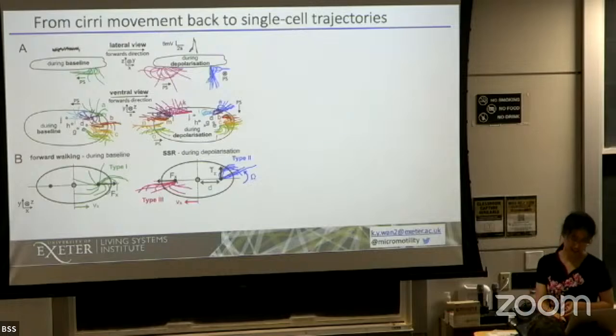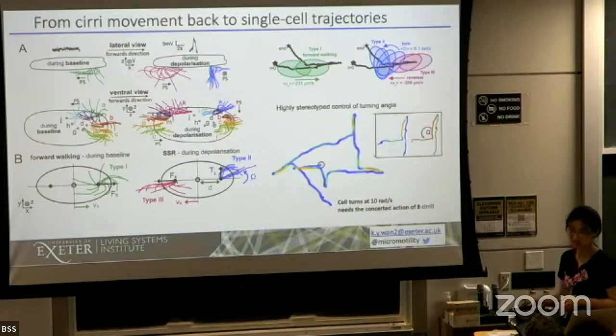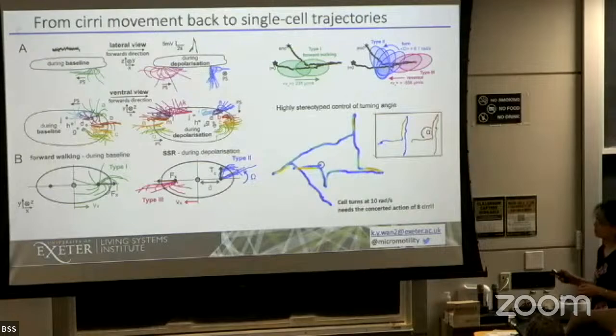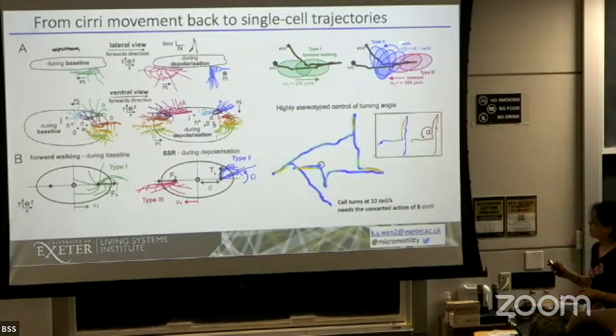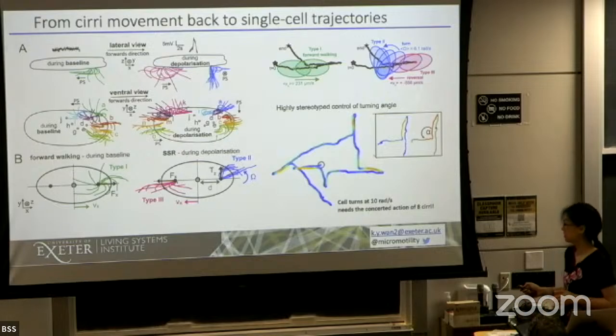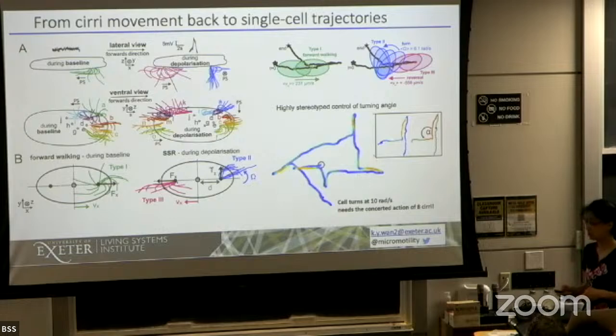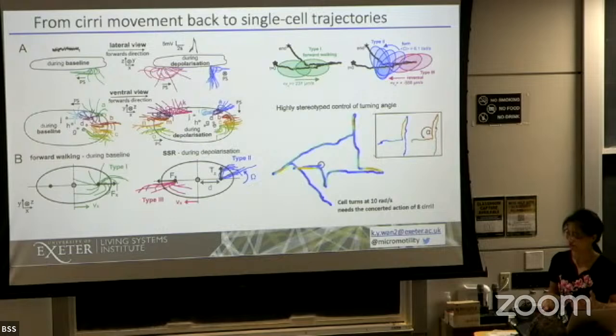And so basically, this electrical potential switch allows the cell to transition between so-called forward walking phases and these sidestepping reactions that are highly stereotyped. And so you end up with what is effectively run and tumble, but a more deterministic version.